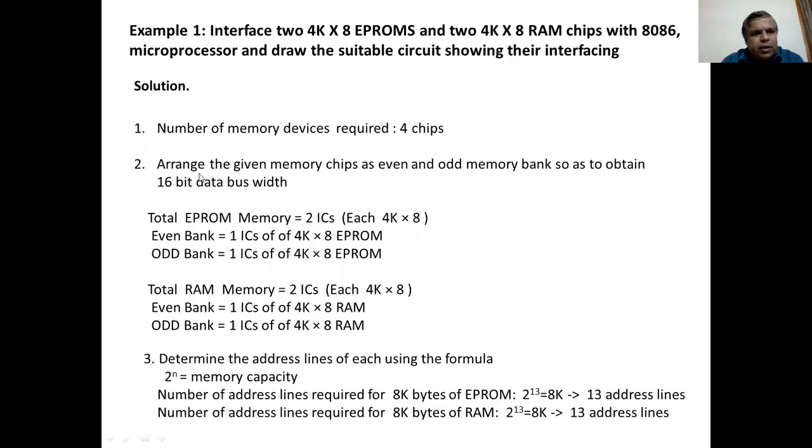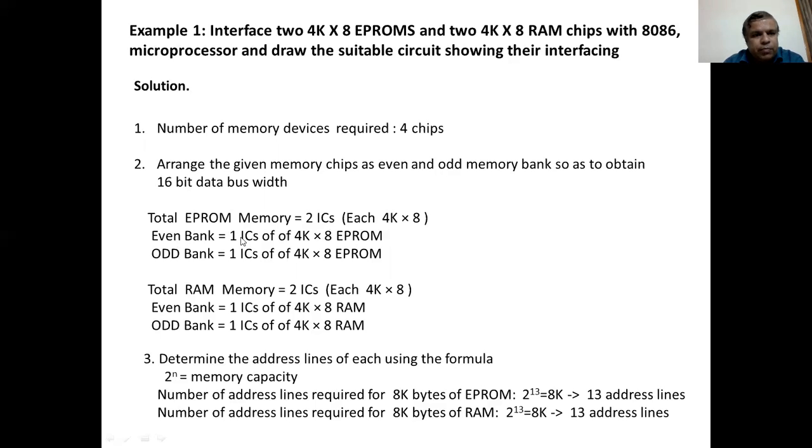Second step, arrange the given memory chips as even and odd memory banks so as to obtain the 16-bit data bus width. The total RAM memory is 2 ICs, and there are 2 EPROMs. So there are 2 IC chips, each 4K x 8. Divide them into an even bank and an odd bank.